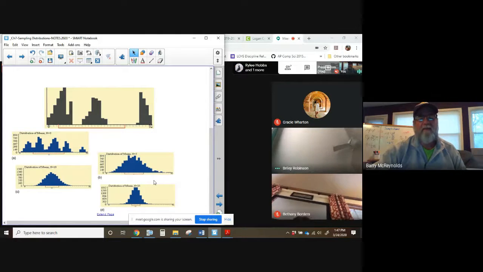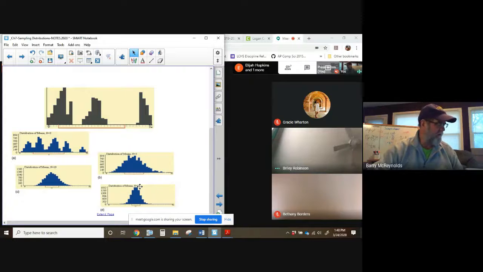The rule of thumb, as we called it, was a sample size of 25. If your sample size was 25, then regardless of what the population looked like, your sampling distribution was going to be normally distributed. Now, if you read in your textbook, the rule of thumb has changed. It's a sample size of 30. Not much different than 25, but 30.